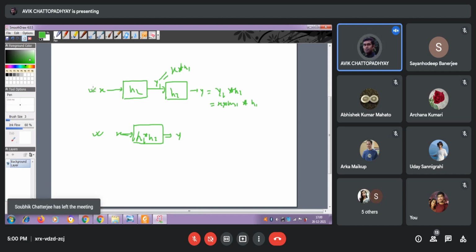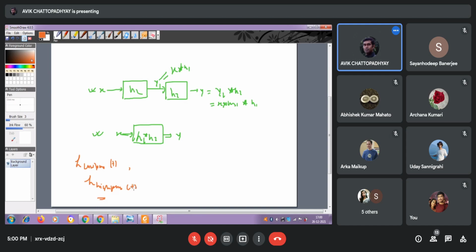Now in the bandpass filter, the first stage, suppose, has impulse response h low pass, because it corresponds to the low pass filter, and obviously that filters out the high frequency from the input signal. This is then followed by a high pass filter, whose impulse response is h high pass.